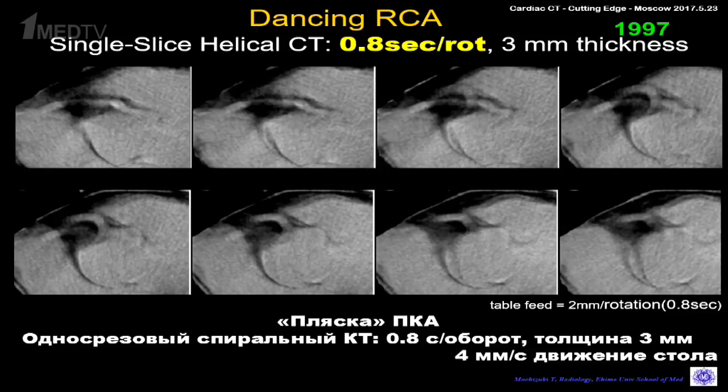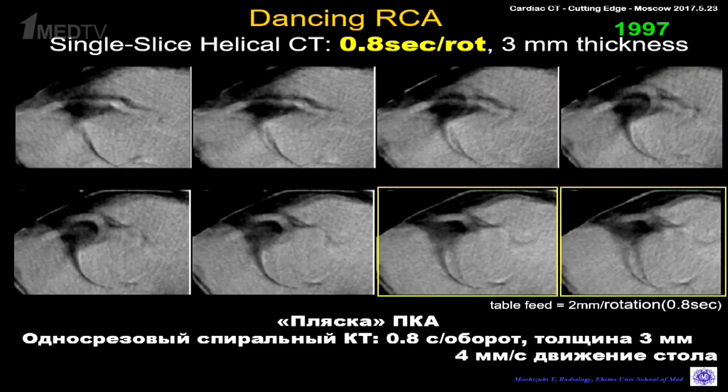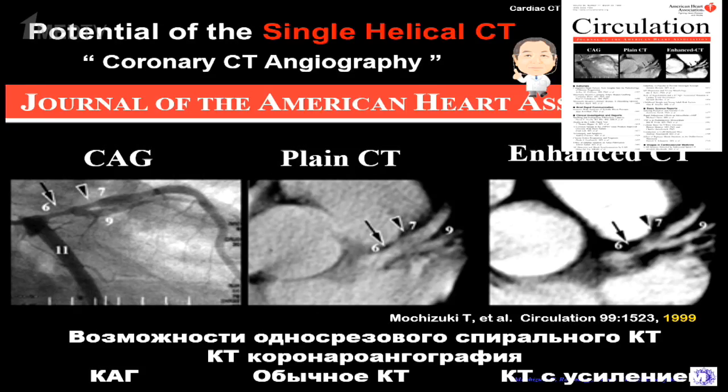I mean, this is the dancing coronary artery of the right coronary artery. But there was some very stable phase without motion artifact. So we could evaluate the coronary artery using this phase.